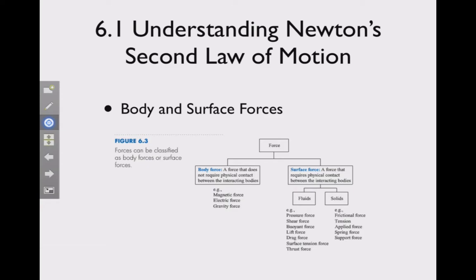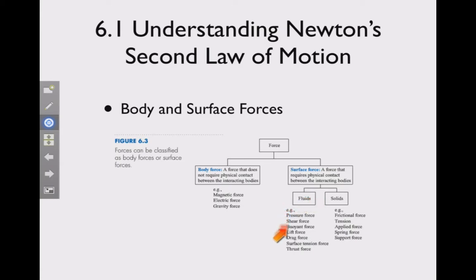The book gives an example of air flowing over an airplane wing and providing lift. That lift is caused by the force of the wind on the wing, so the air is coming in contact with the wing, and that is considered a surface force.